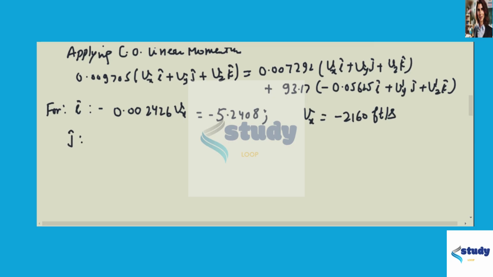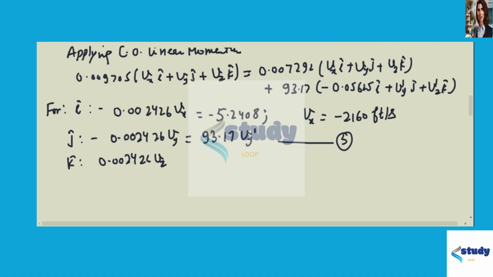For equating coefficient of j cap, 0.002426 Vy is equal to 93.17 V dash y, say equation number 5. For k cap, 0.002426 Vz is equal to 93.17 V dash z.